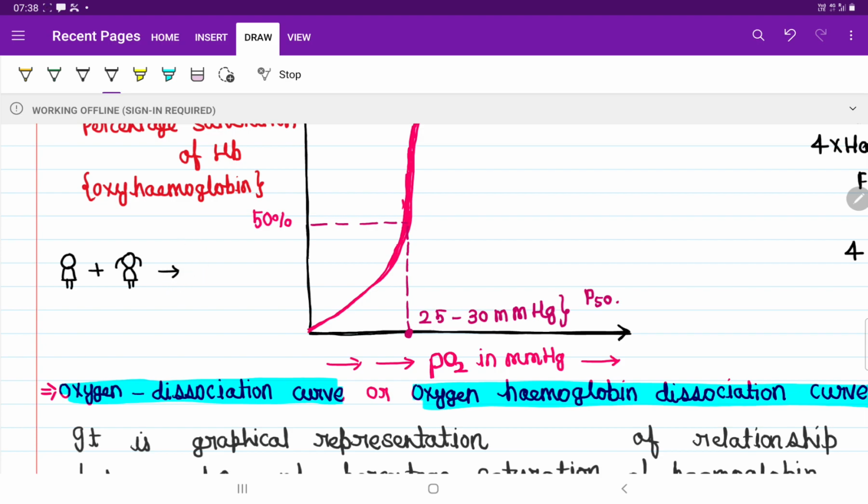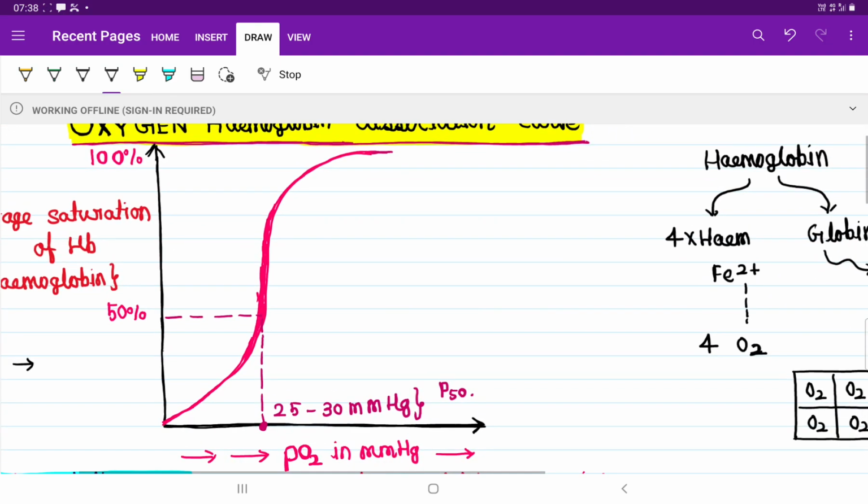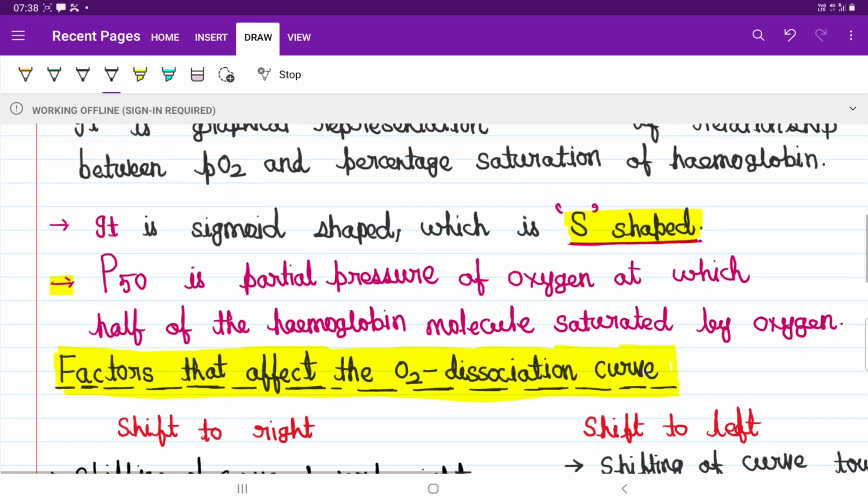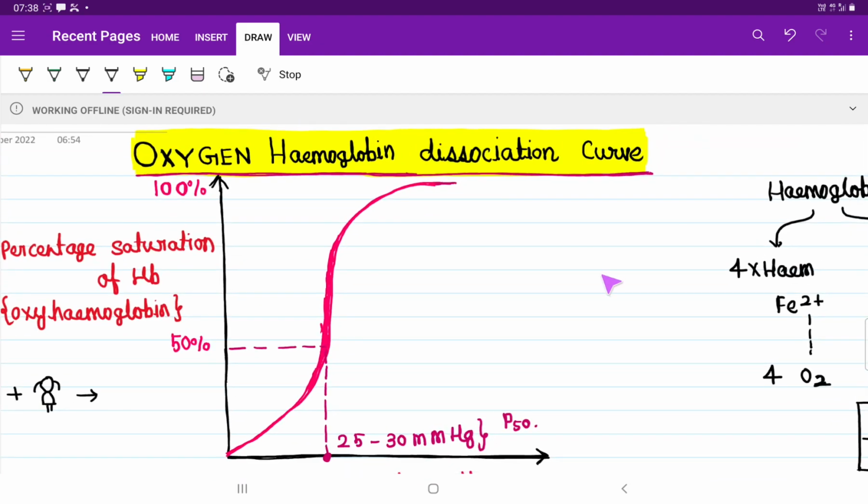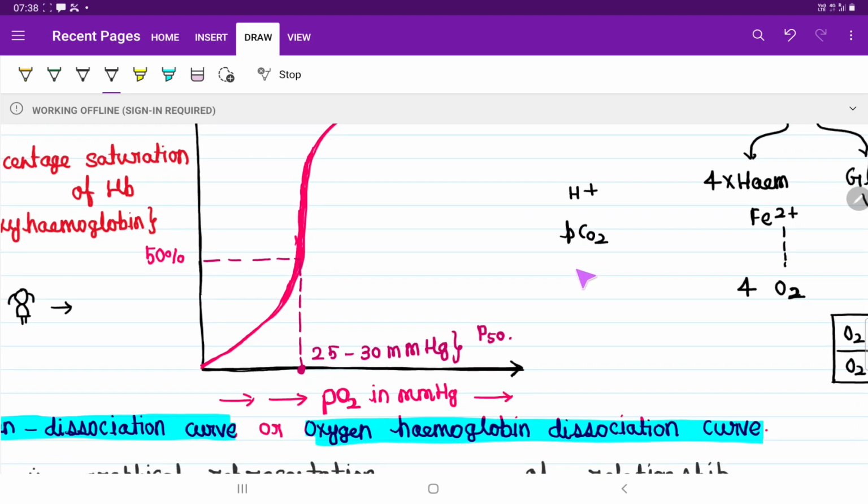Their marriage, their alliance, will not be decided only by the boy and girl, it will be decided by society, by the family, by father and mother also, isn't it? So there are other factors also for binding of hemoglobin with oxygen. And what are those, students? That is hydrogen ion concentration, partial pressure of carbon dioxide, pH, and temperature.